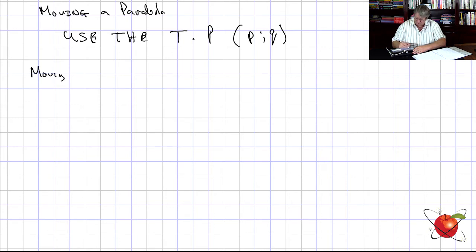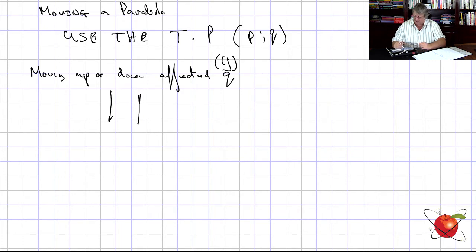Moving up or down affected Q, which was the Y coordinate, didn't it? Moving it down or moving it up affected Q.